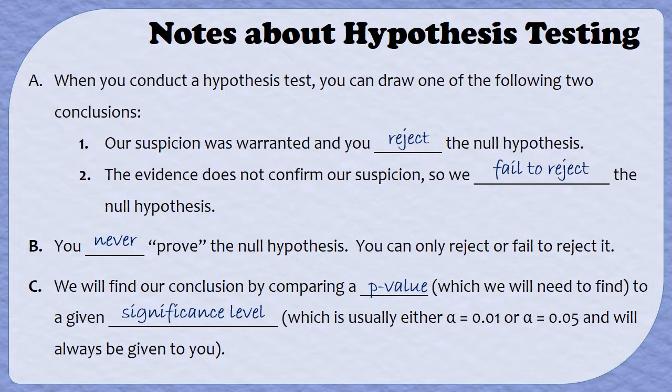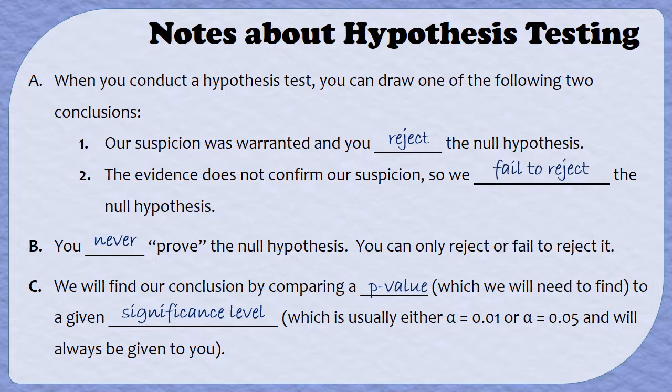And different fields of study use a different cutoff for weirdness based off of what's sort of expected or what they anticipate in their field. So, for example, the softer sciences like psychology and sociology tend to use an alpha of 0.05, whereas the so-called harder sciences like chemistry or biology or physics tend to use the smaller alpha level.